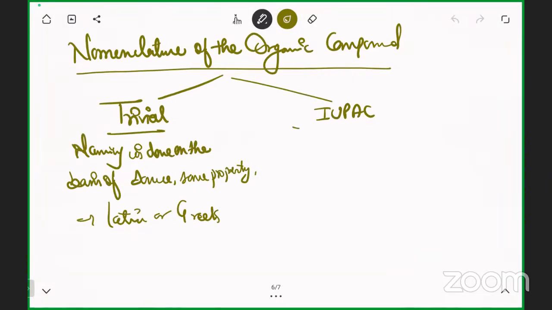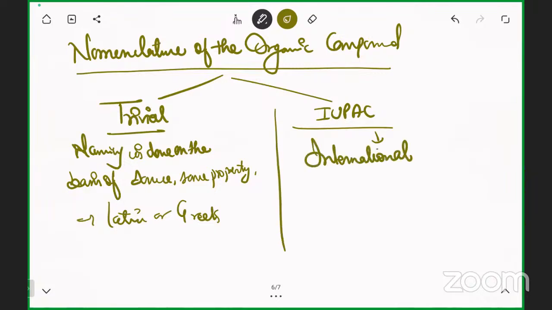But what about IUPAC? The full form of IUPAC is International Union of Pure and Applied Chemistry.